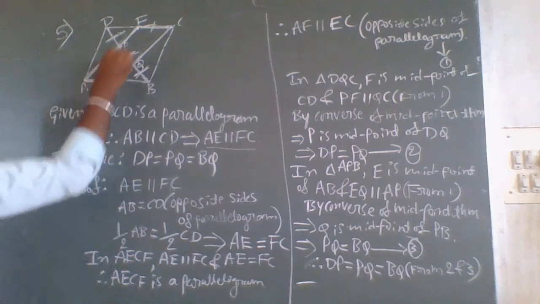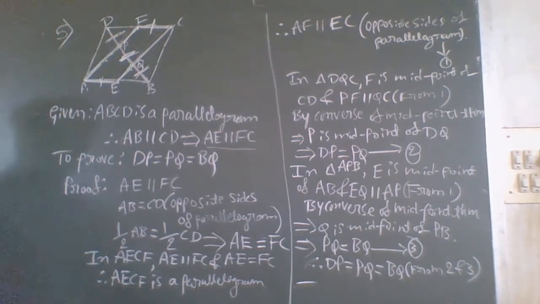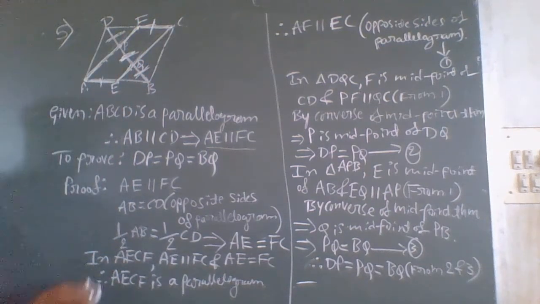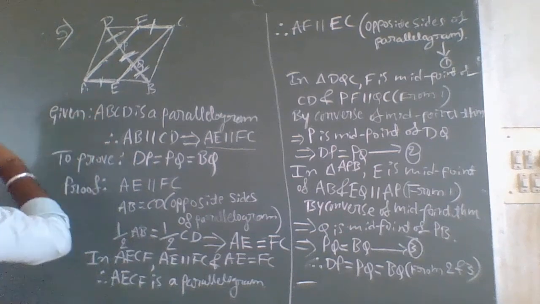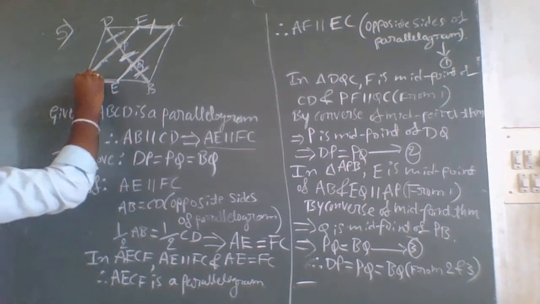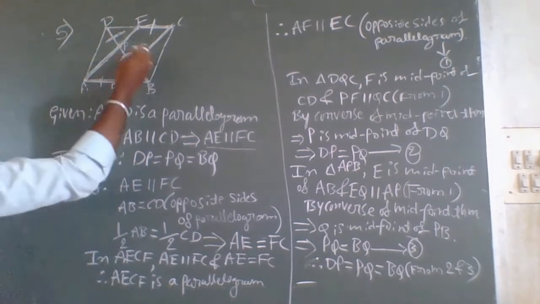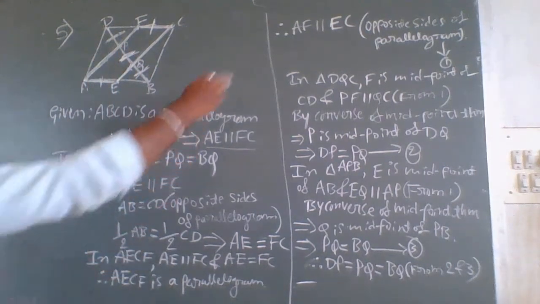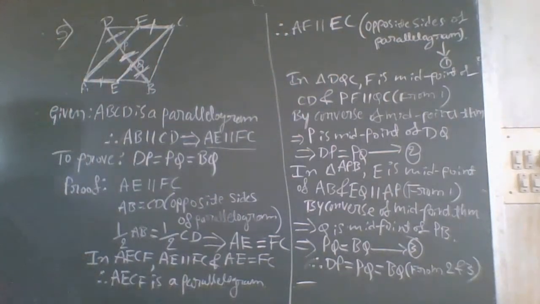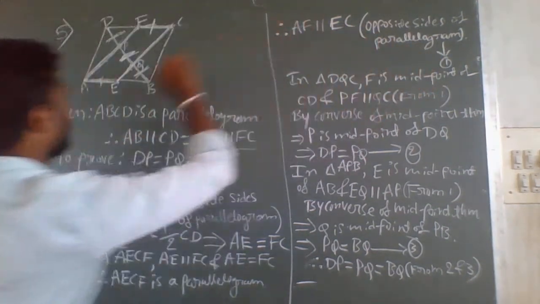If one pair of opposite sides are equal and parallel, then AECF is a parallelogram. Then EC and AF are parallel to each other, because opposite sides are parallel in a parallelogram. This we will consider as 1.